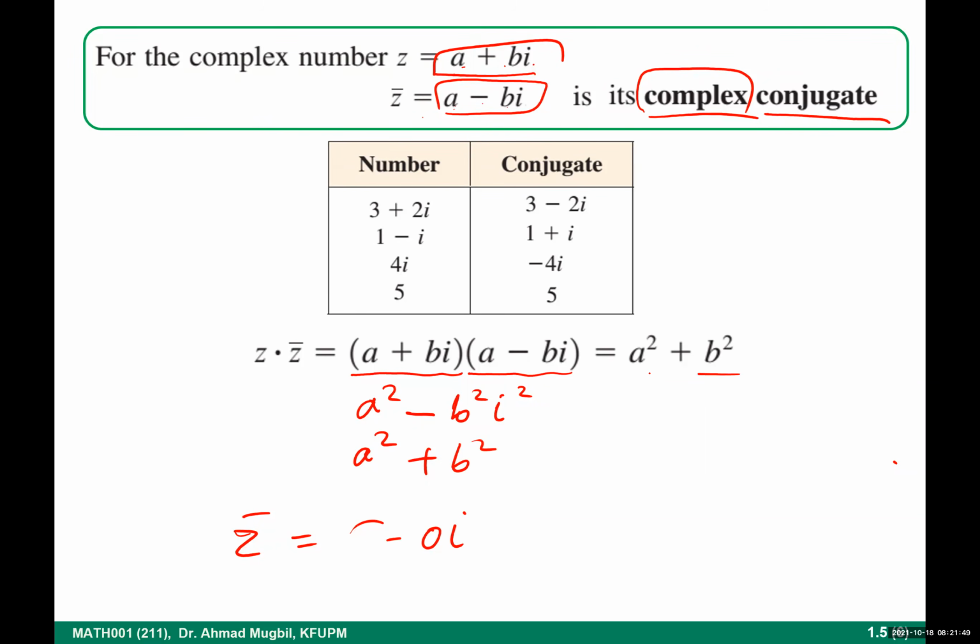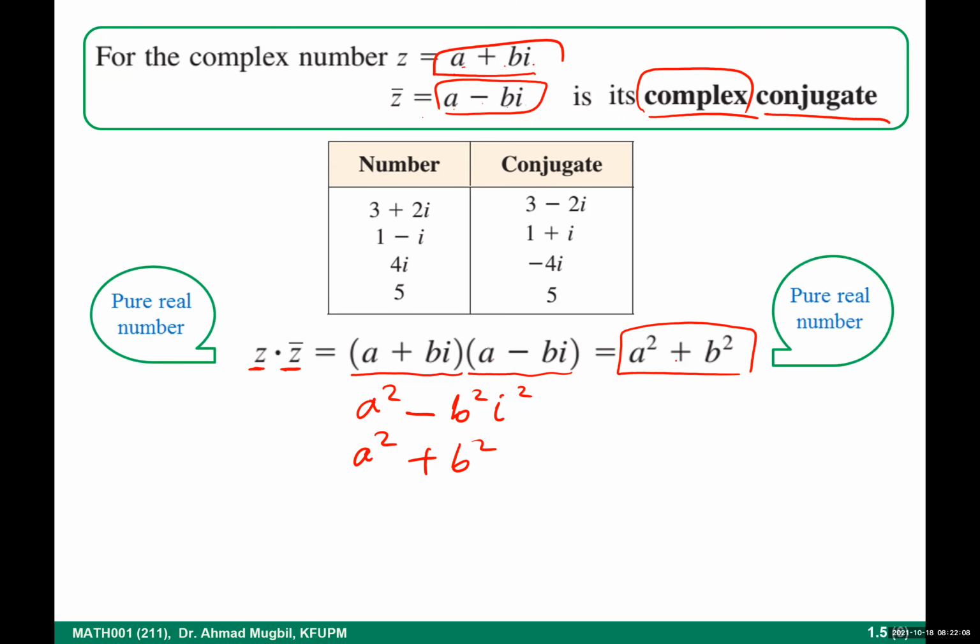So here we are. What do you notice about that? We multiply the complex number by its conjugate. The result of the product is what? A real number. a squared plus b squared is a real number. It is just the square of the real part plus the square of the imaginary part.